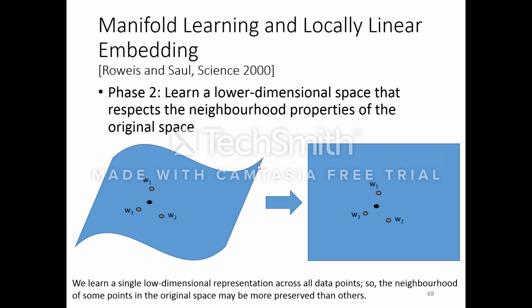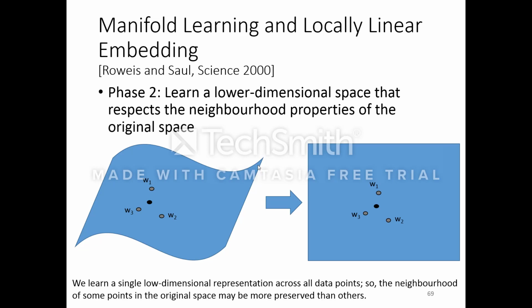Well, I'm not going to get into details of the optimization problem here, but hopefully you get the point that you learn the neighborhood properties of every data point, and you learn a representation of all the data points such that the neighborhood properties of each of them is respected as much as possible.